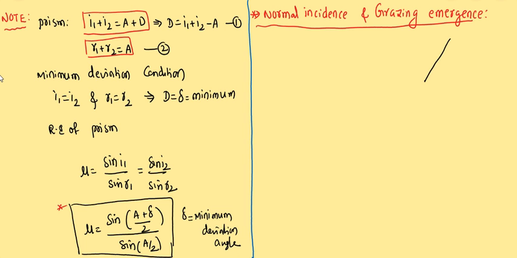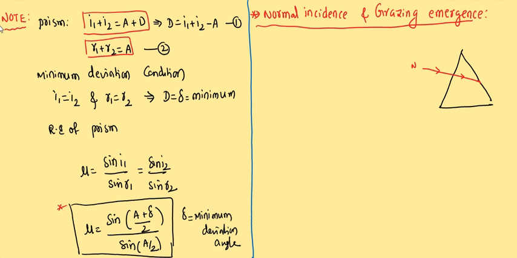Normal incidence and grazing emergence means, this is a prism. And now the light ray is incident along the normal. Like this it is incident. That means this is only normal and this is only the incident light ray.